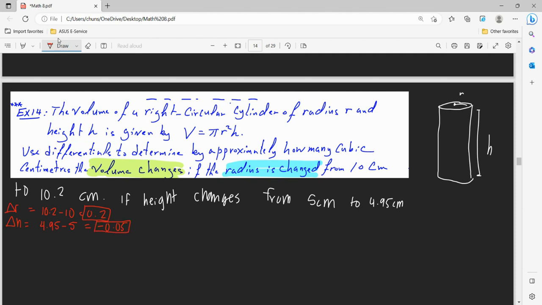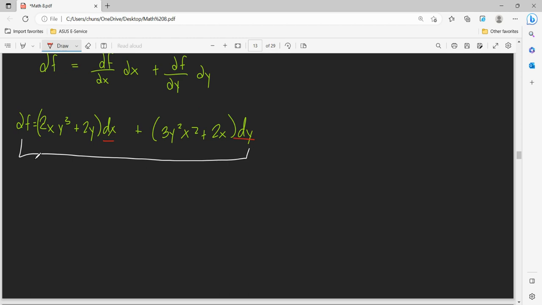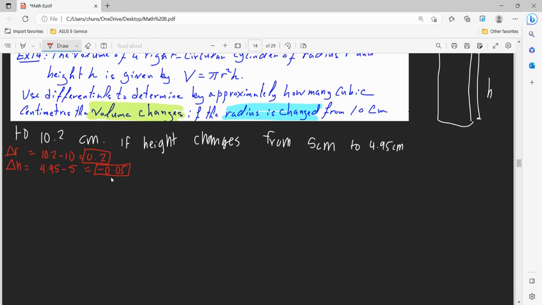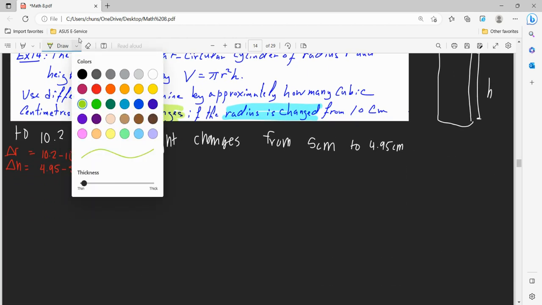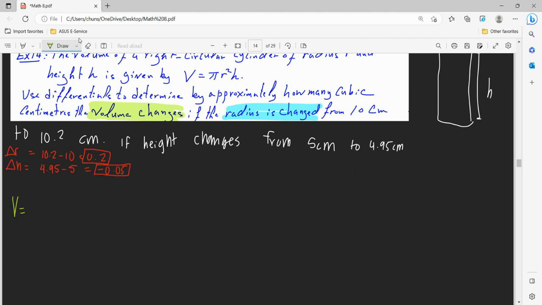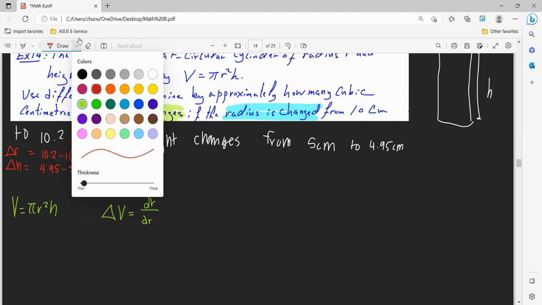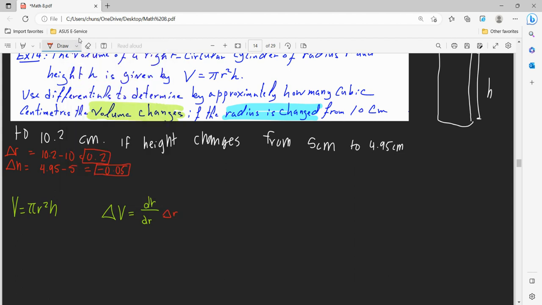So these are going to be capping off our differential. And we're going to find our differential in the same way. So volume is equal to pi r squared h. And so if we were to take the change in our volume, we would start with dV/dr times our delta r, and this would be plus our dV/dh times our delta h.